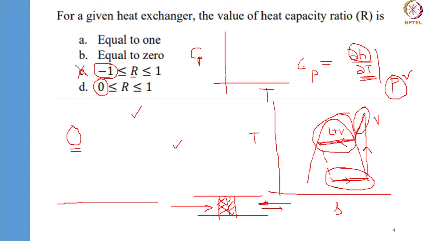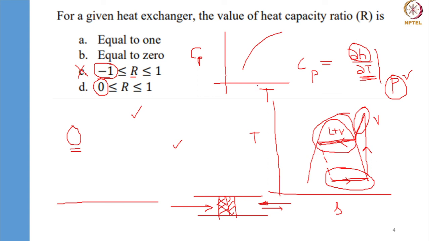Cp is actually a material property that depends upon temperature. So with temperature, the Cp of the fluids keeps increasing. So the Cp of the hot fluid is most for a particular pressure that I am talking about.